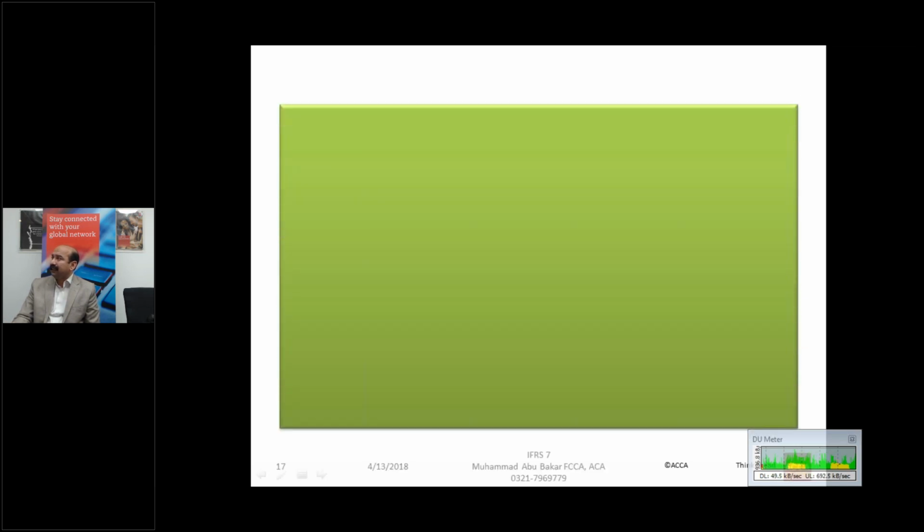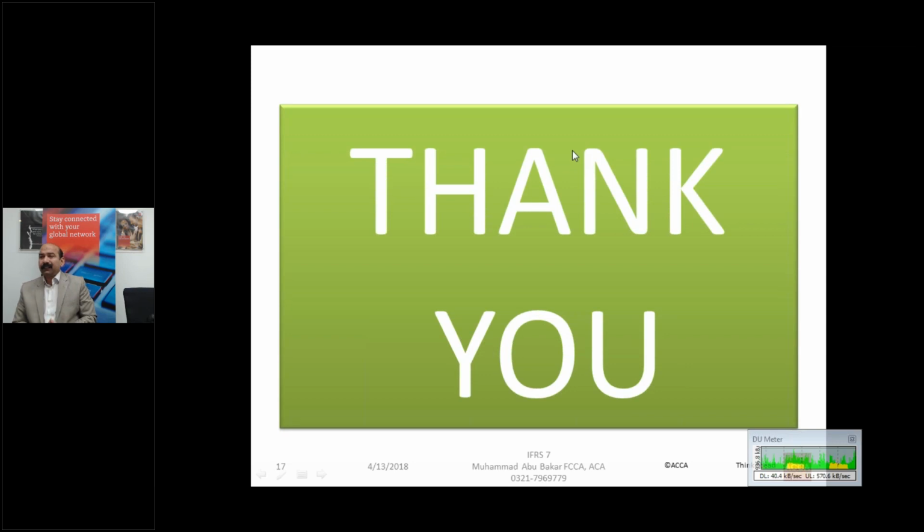As we discussed yesterday, this new standard will drastically affect banks and other financial institutions, because these institutions use a lot of financial instruments. You will find a lot of financial instruments on their balance sheet, and the same applies to any other organization with a lot of financial instruments on its balance sheet.